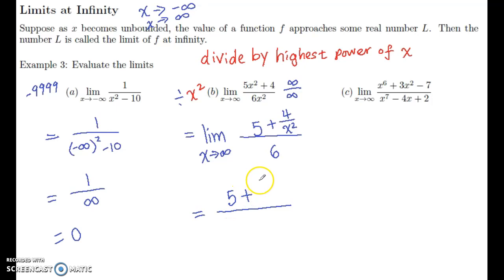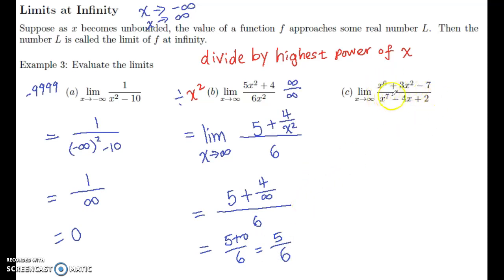So we have 5 plus 4 divided by infinity, over 6. 4 divided by infinity by definition is 0. So it's 5 plus 0, divided by 6. The final answer is 5 over 6.